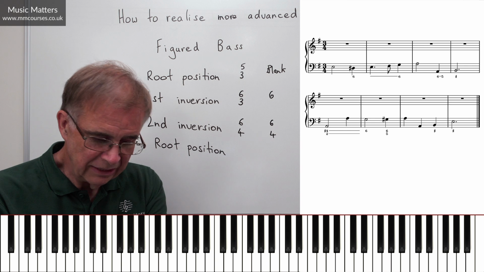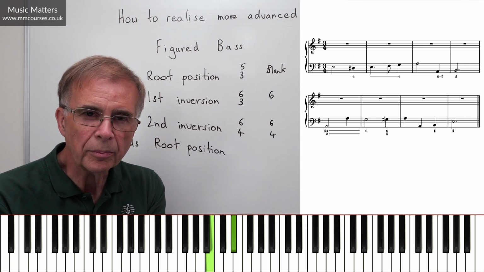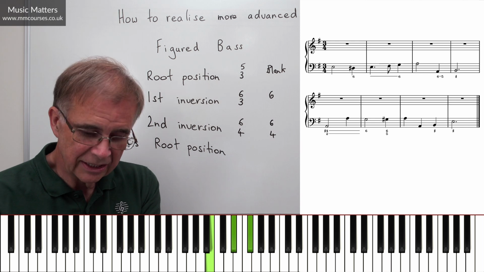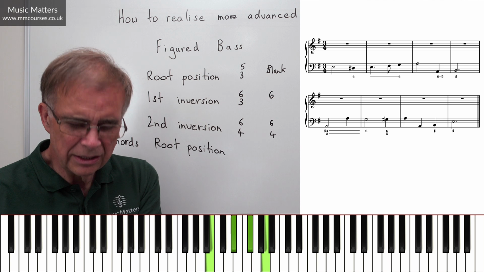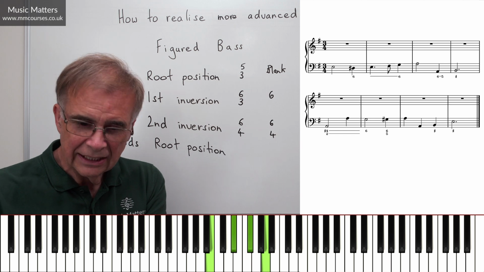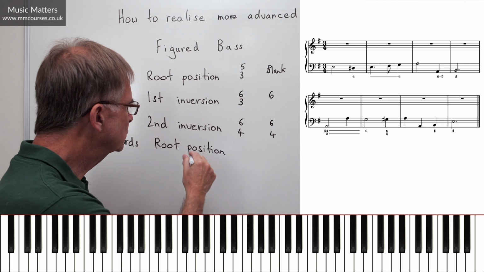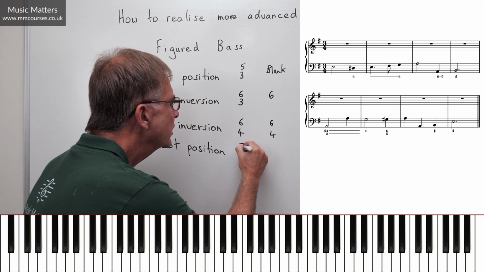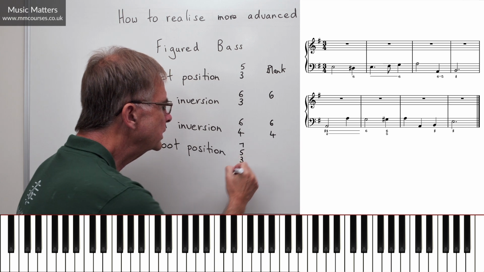So if the dominant note is B and the dominant chord is B, D sharp, F sharp, if I make that a seventh, I'm going to put A on the top of it. So what are my numbers then? Well, the D sharp is 3, the F sharp is 5, and the A is a seventh. So any seventh chord in root position is going to be a 7, 5, 3.